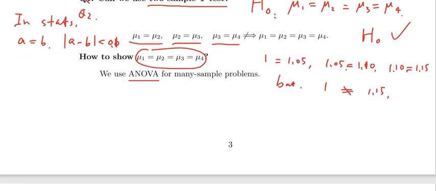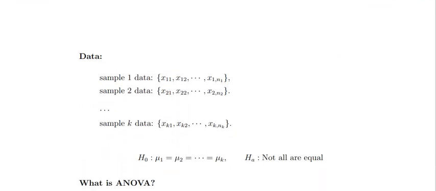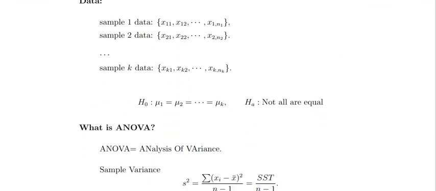What is ANOVA? ANOVA is actually analysis of variances. I just pick those few letters, like the head, right? So ANOVA just comes from this.